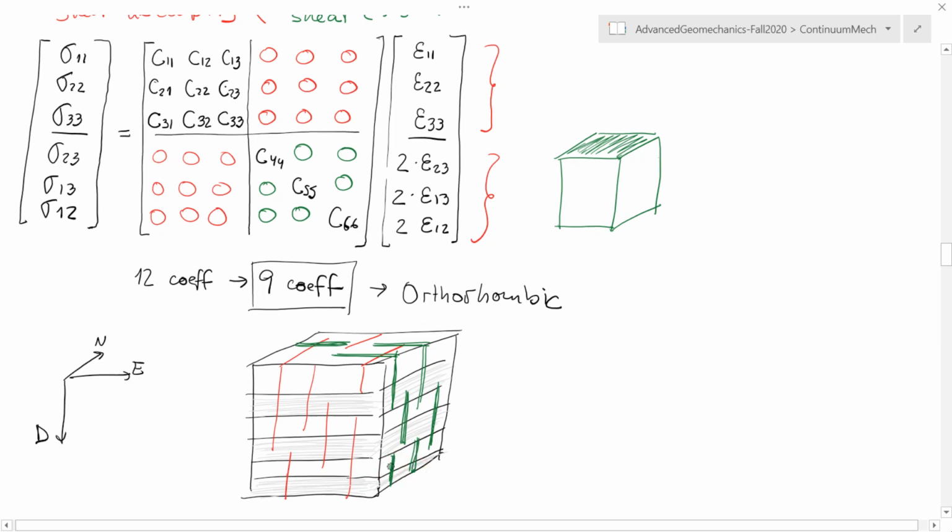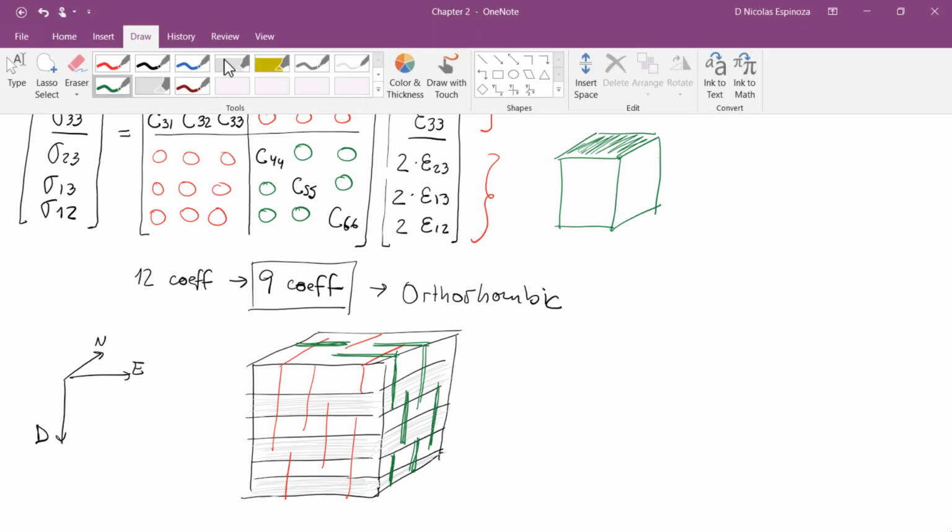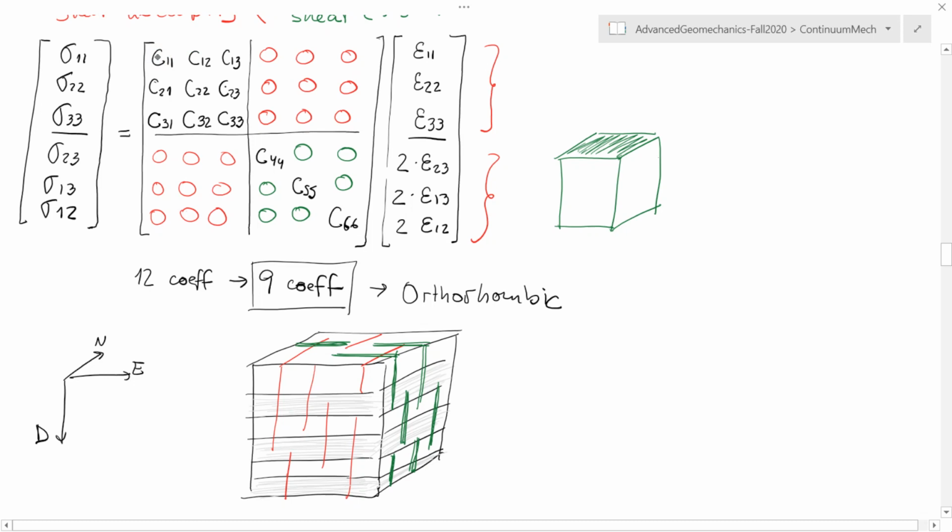The anisotropy in the shear coefficients is a little bit more difficult to see, but I leave that on your own to investigate and to try to picture in your mind, and just keep the case for the normal stiffnesses.